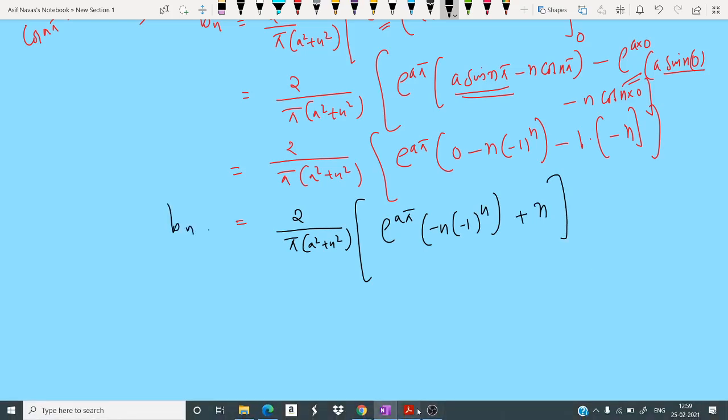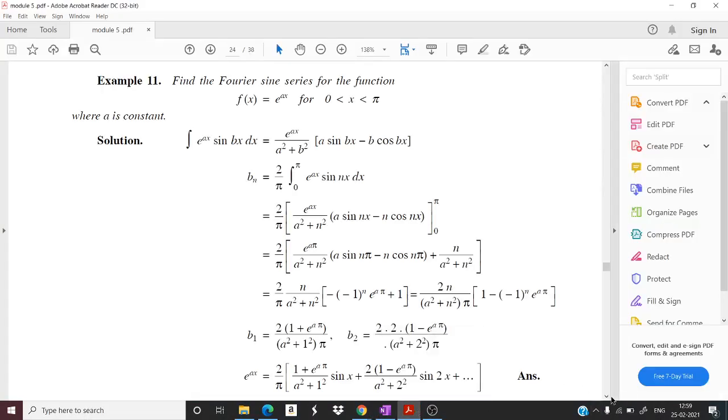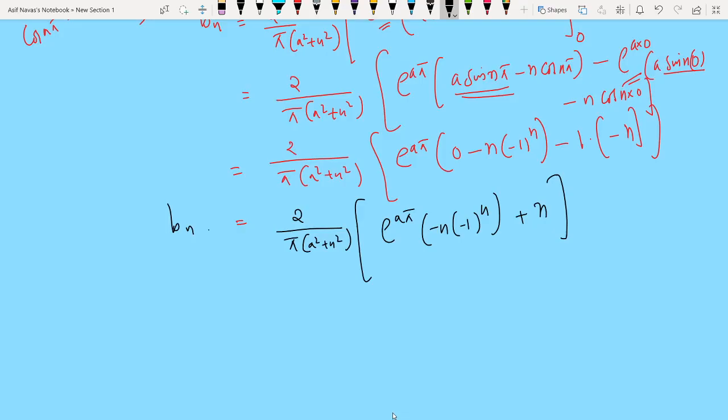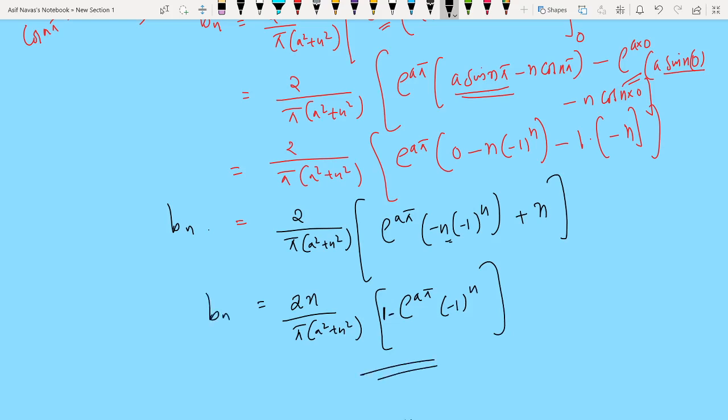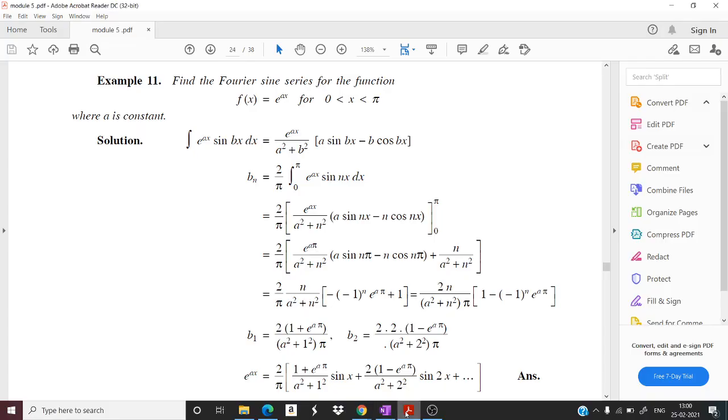If we simplify this, taking n outside, we get 2n divided by pi a square plus n square, times 1 minus minus 1 power n e raised to a pi.